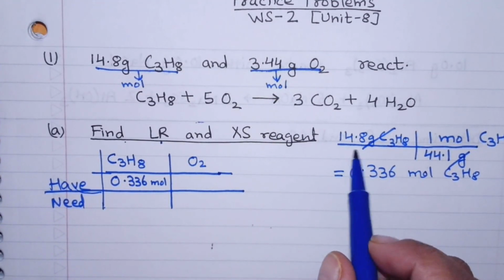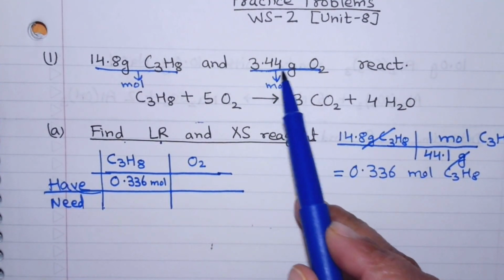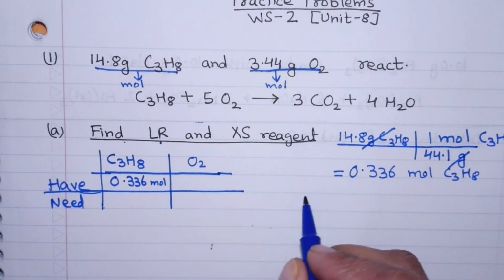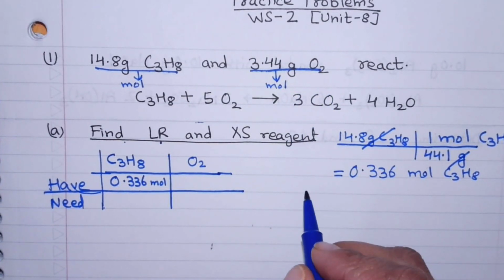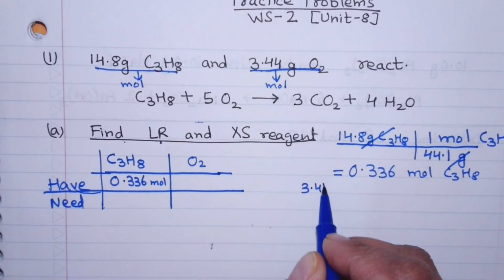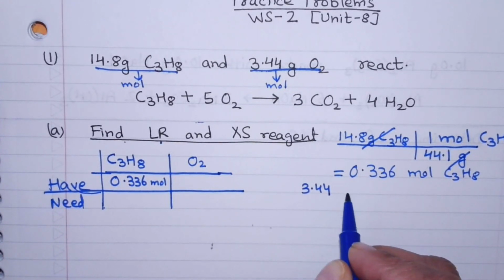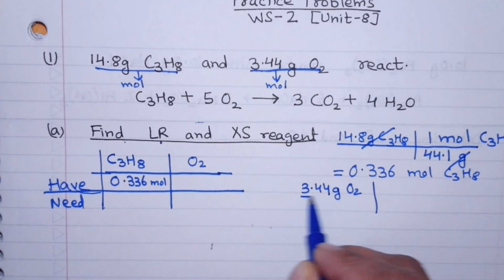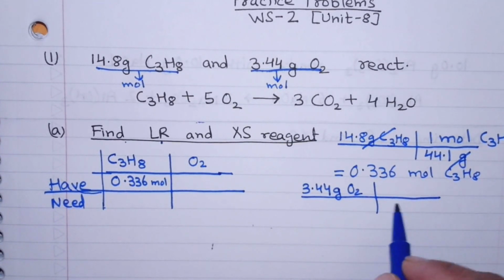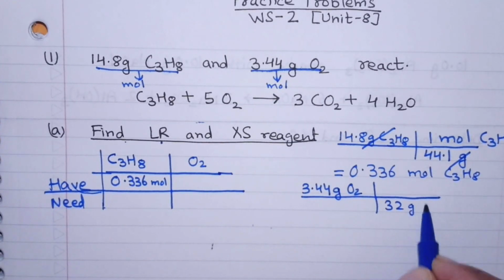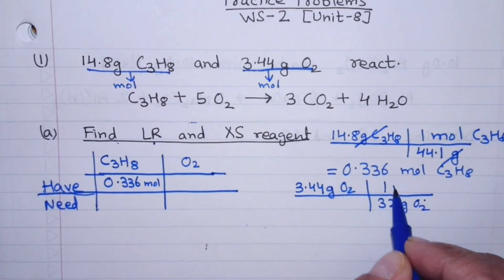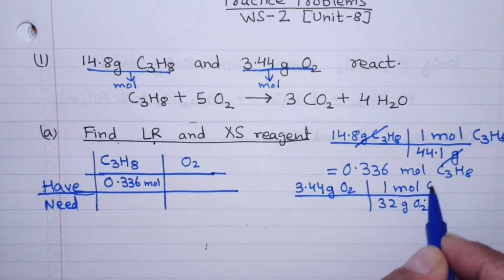Similarly, convert 3.44 grams of oxygen to moles using its molar mass. So that would be 3.44 grams O2. Remember, O2 is a diatomic, so 32 grams O2 is equal to 1 mole of O2.